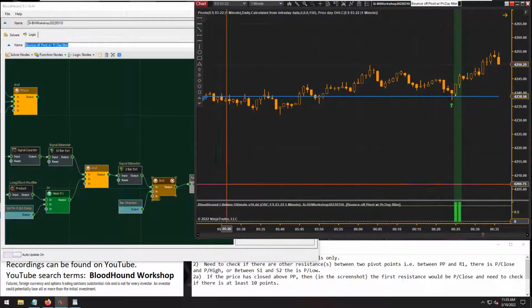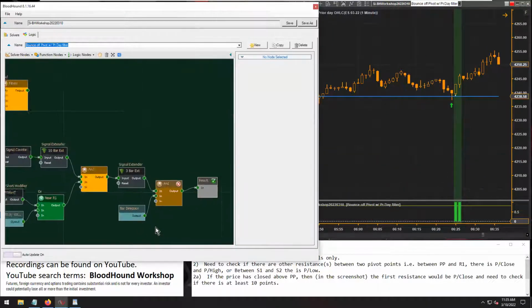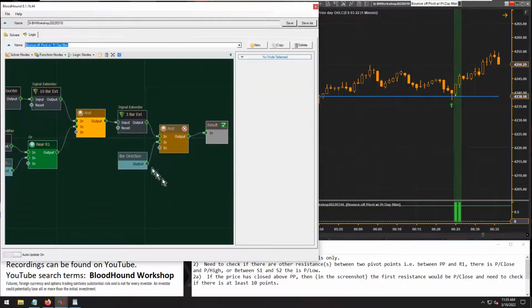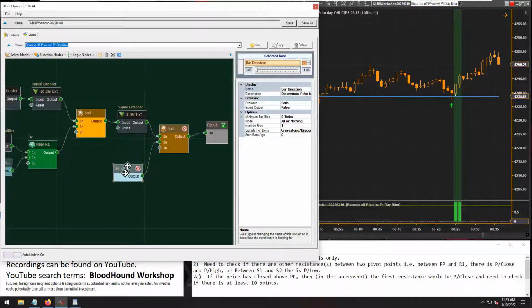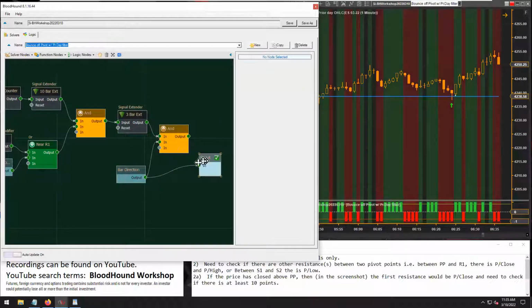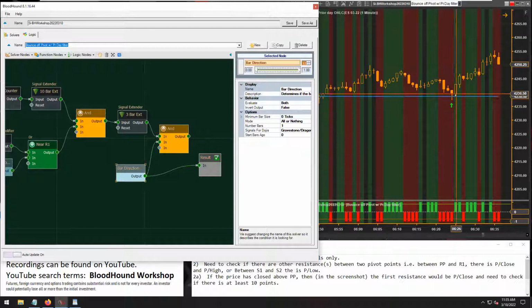But if you do want to clean it up, we can do that by taking the output of the bar direction. With this bar direction, up bars are producing a long output.